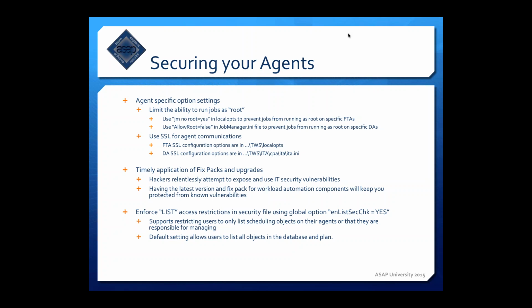Basically, it used to be that the list keyword was not there and wasn't enforced. But now, if you want to create dashboards or lists of jobs that only show certain jobs, that people can see in their tasks, where you lock it down to just what their application team is allowed to see, you have to set the list security check to yes, and then the list keyword in the security file will be honored. If it's set to no, it doesn't honor the list keyword. Just be aware that's the case.